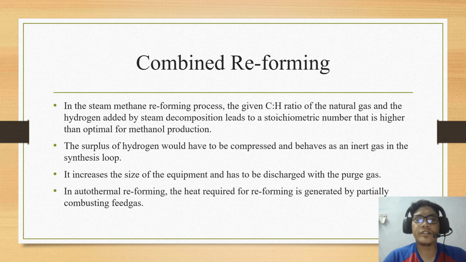For methanol production, the surplus of hydrogen would have to be compressed and behaves as an inert gas in the synthesis loop. It increases the size of the equipment and has to be discharged with a purge gas. In autothermal reforming, the heat required for reforming is generated by partially combusting feed gas.